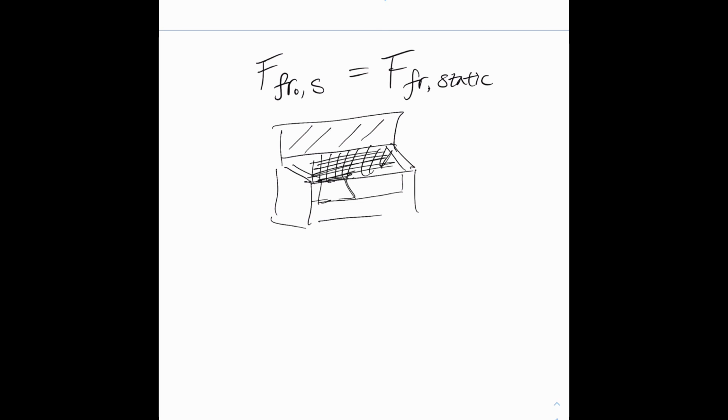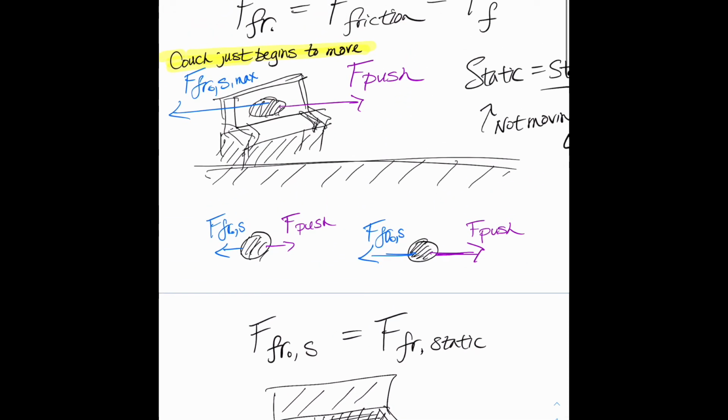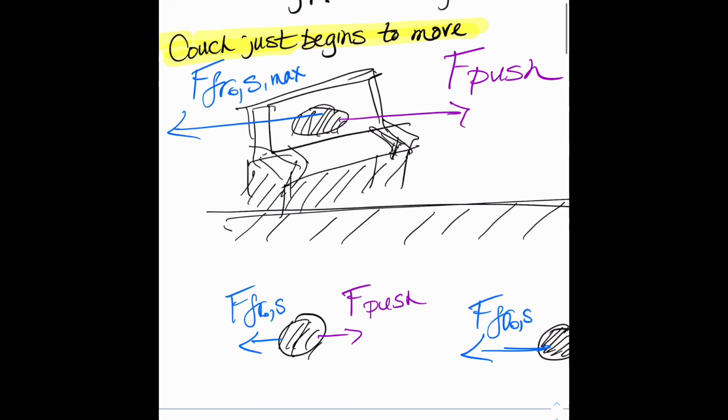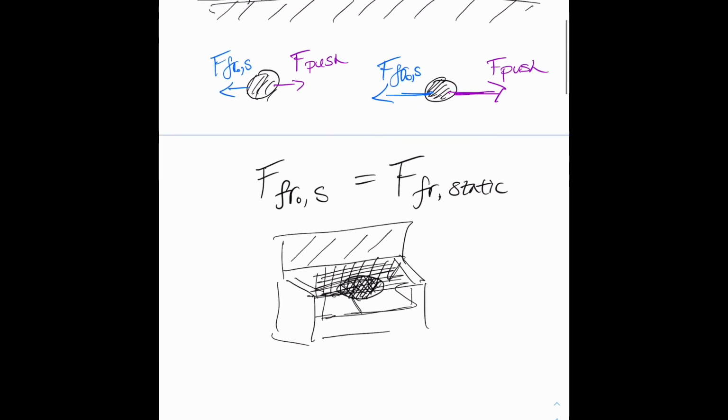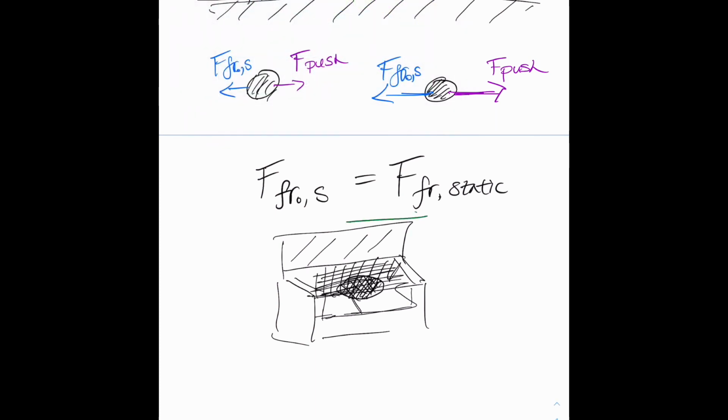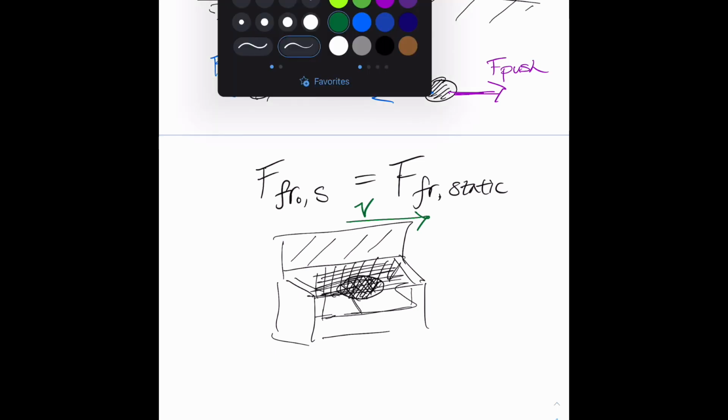I'll put a dot on it. And we are pushing the couch with a force that is actually going to be smaller than this one right here, because now it's easier to move while it's moving. So right here, the couch is moving. We'll give it a velocity to the right, some velocity v. We don't draw velocity on the free body diagram. I'm just going to put it up there. And maybe it's a constant velocity, so I can write v constant.